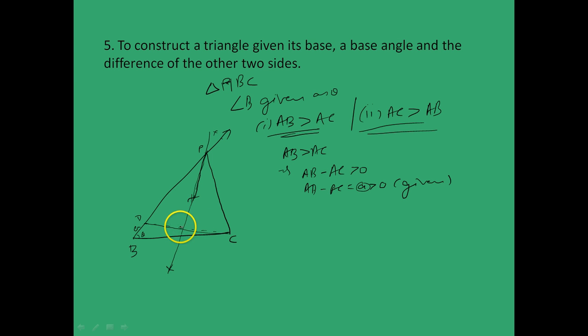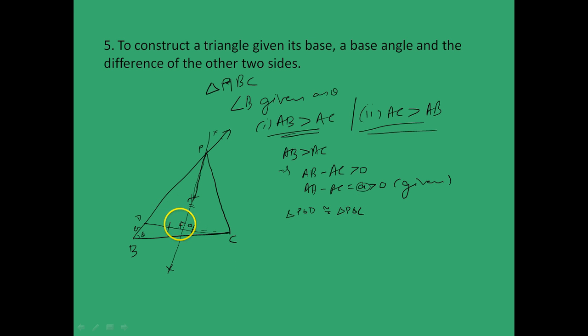This is 90 degrees, and this side is equal to this side, and also this side is common, so if this were point O, by SAS triangle POD is congruent to triangle POC.